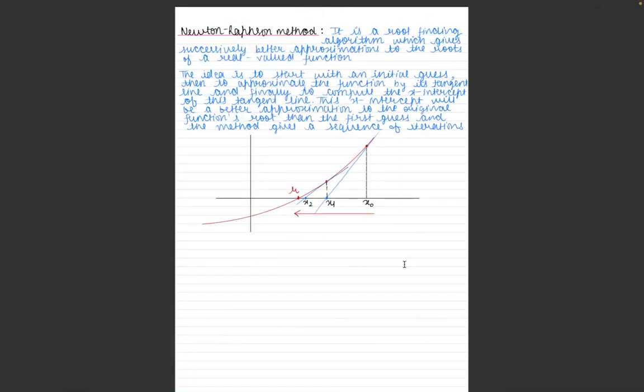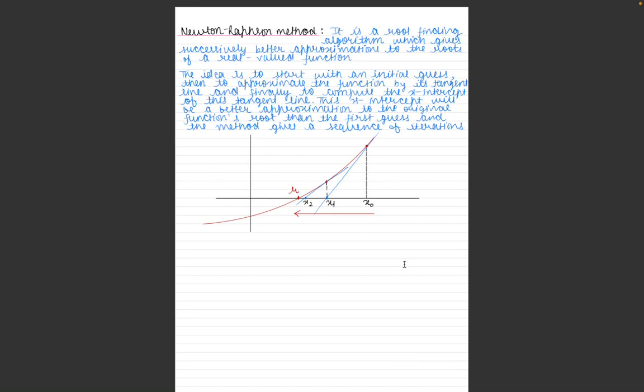So unlike the secant method, the Newton-Raphson method needs just one approximation to start with. In the secant method, you don't require f dash, that is f prime, in the formula. But for the Newton-Raphson method, we'll assume that f is at least once differentiable.